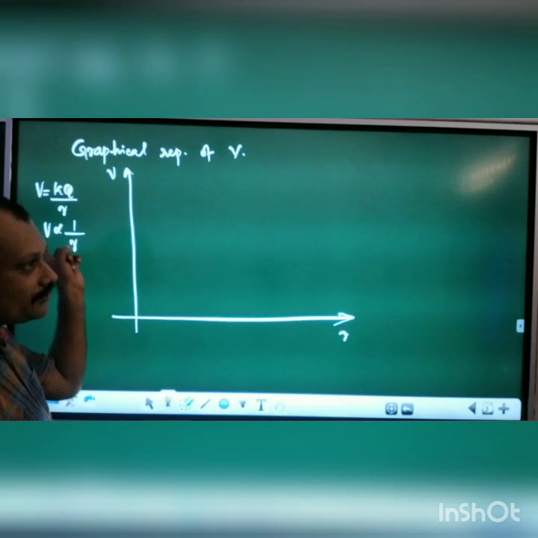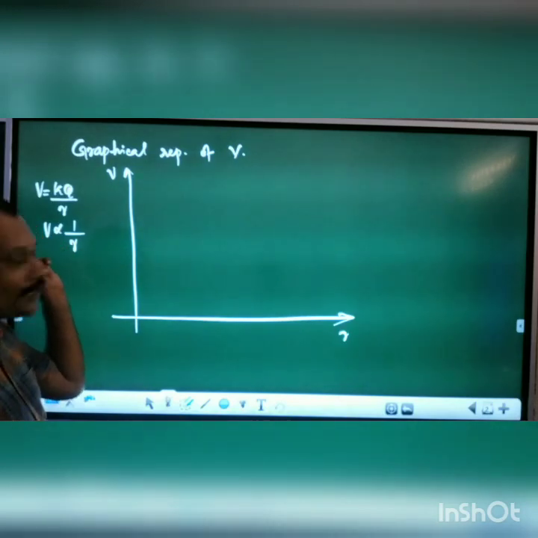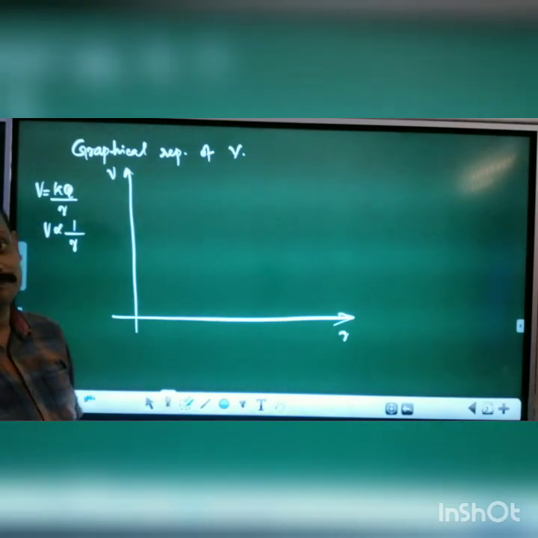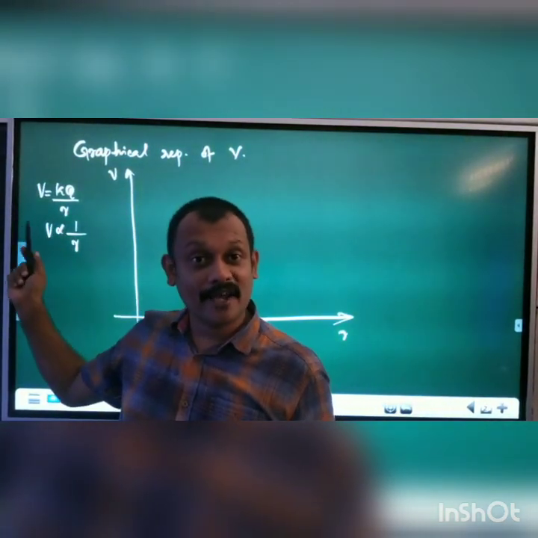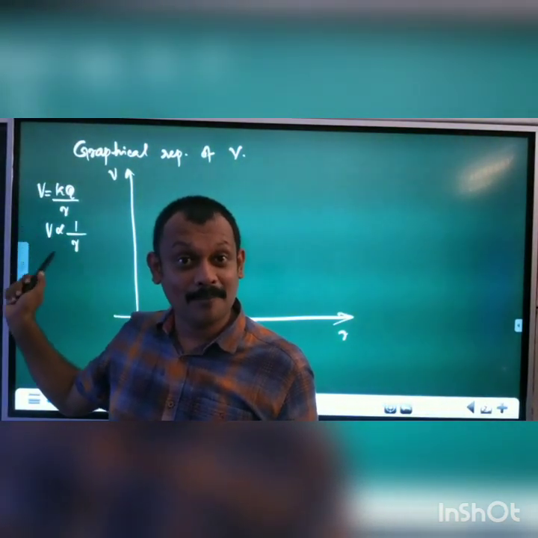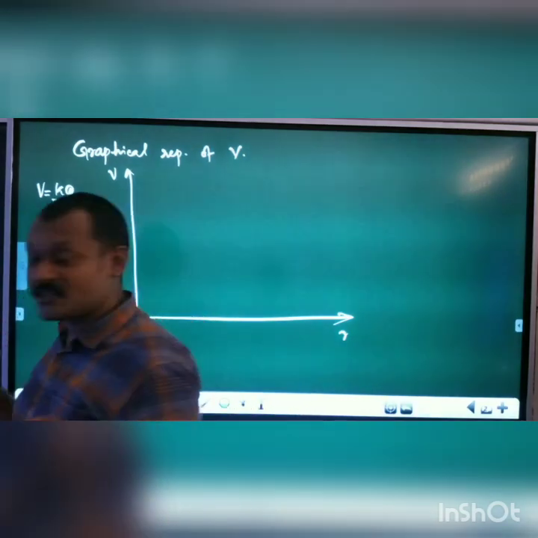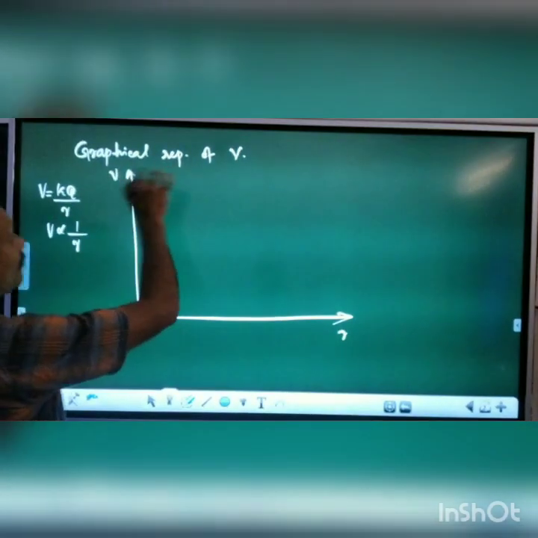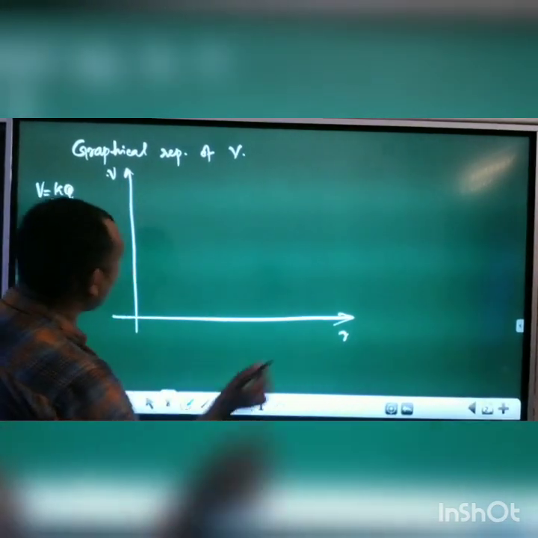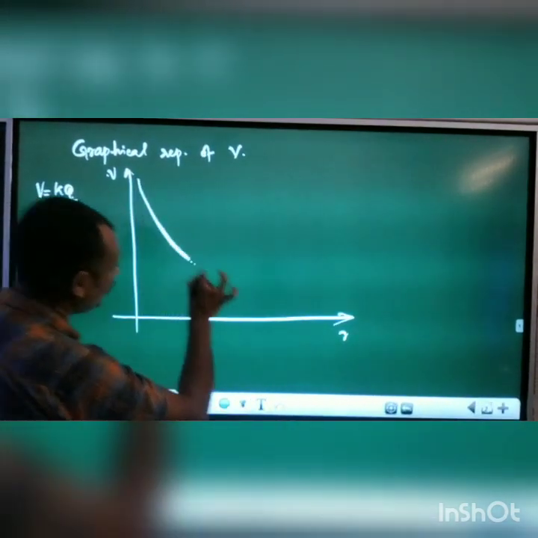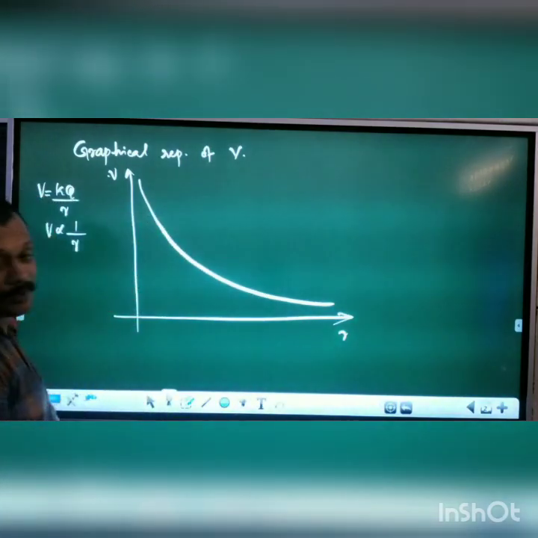According to the equation, this is the equation for what type of graph? It is a graph for a rectangular hyperbola. So what is the nature of the graph between V and r? The nature of the graph between V and r is a rectangular hyperbola.